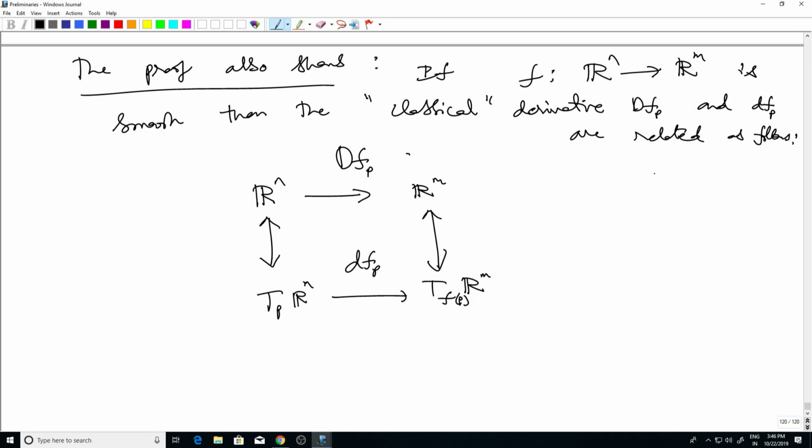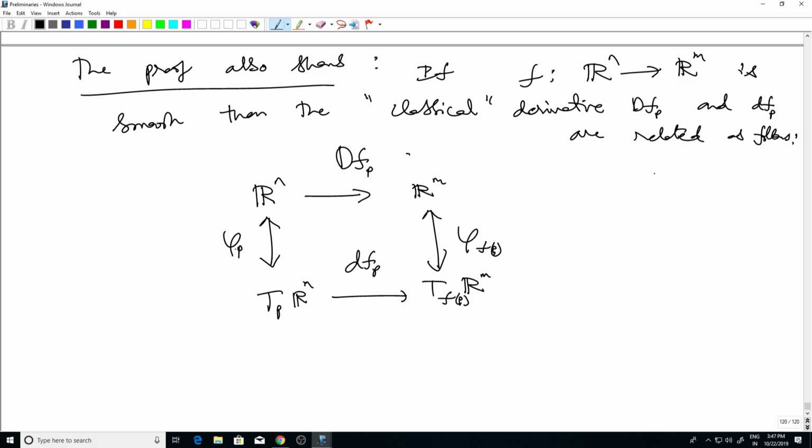In other words, if I call this isomorphism phi p and this one phi f of p, then this diagram is commutative.